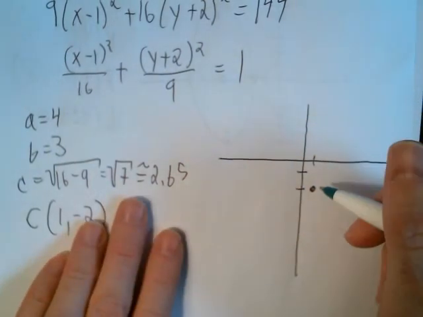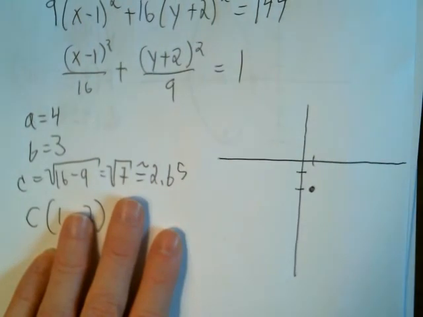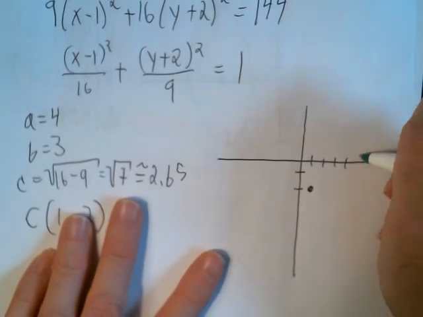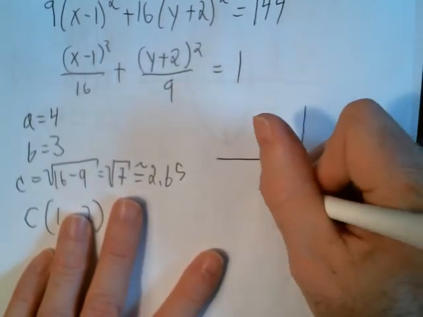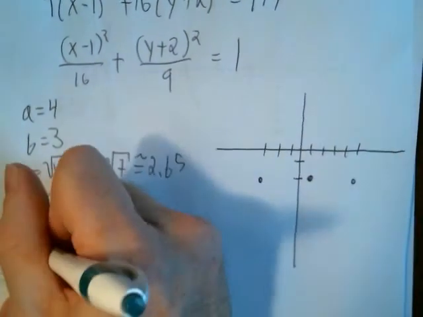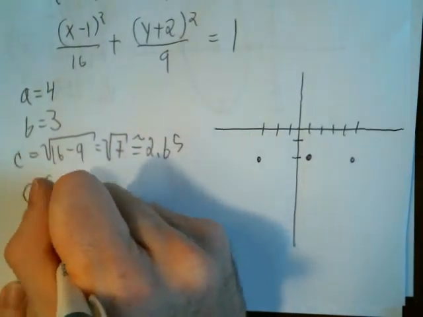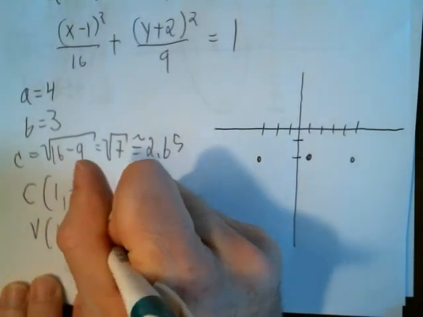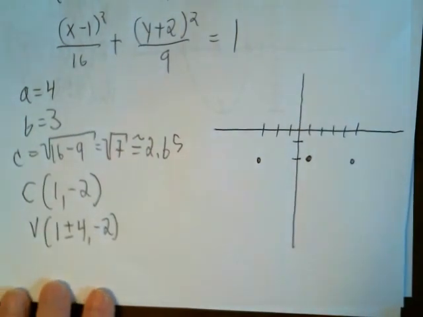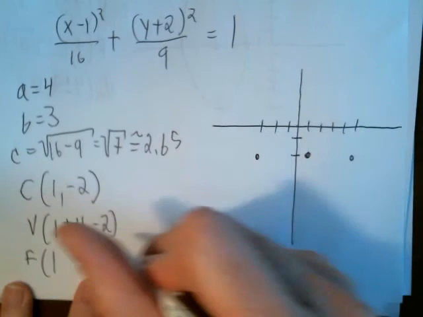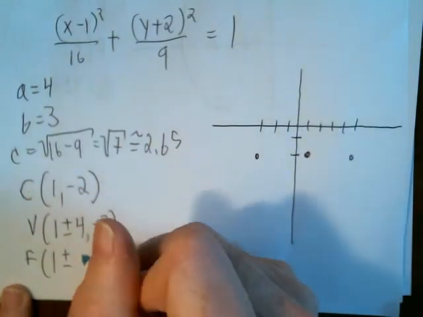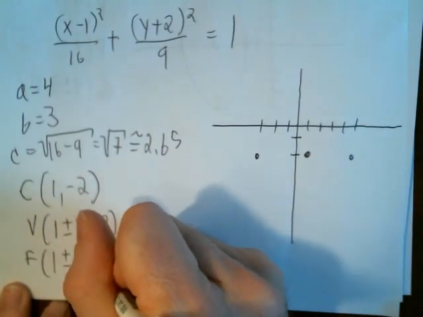So I'm going back and forth by 4: 1, 2, 3, 4, and then 1, 2, 3, 4. Use the a value to move, and so our vertices will be at 1 plus or minus 4, negative 2. And then the foci, again, you're going in the x direction, 1 plus or minus root 7, negative 2.